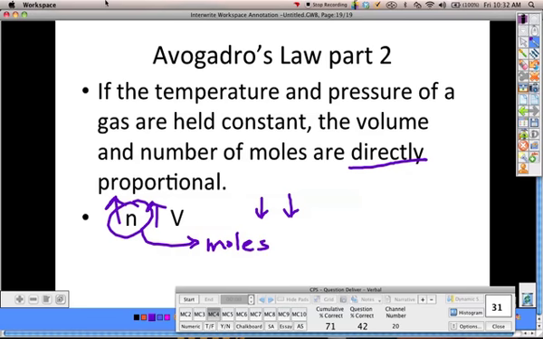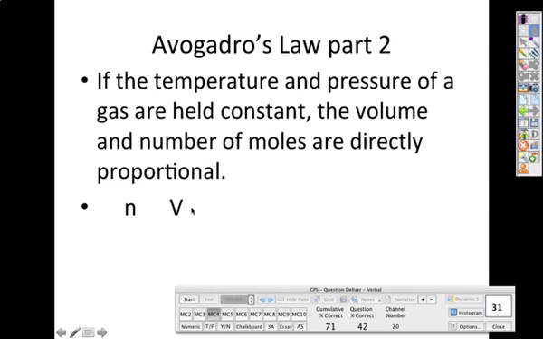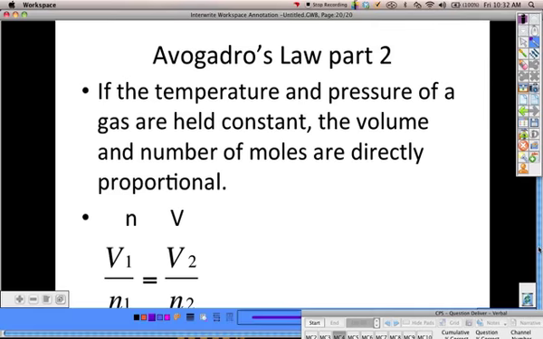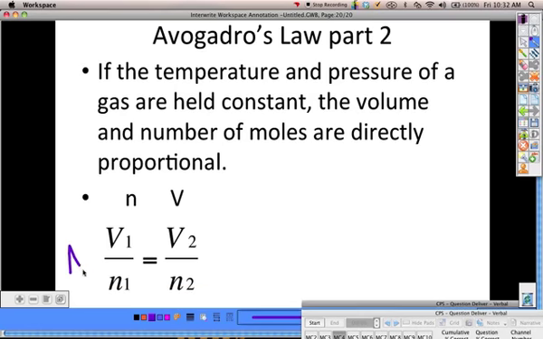So the second equation to memorize is V1 over N1 is equal to V2 over N2. That's just saying some initial setup.